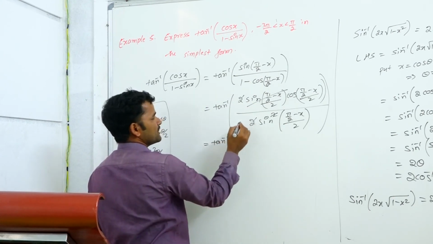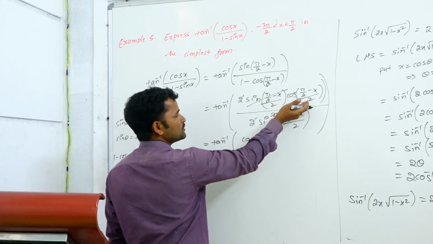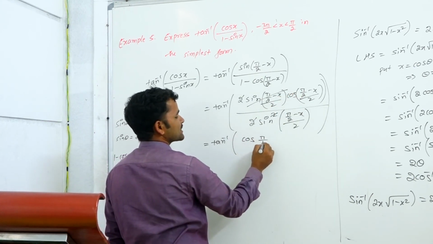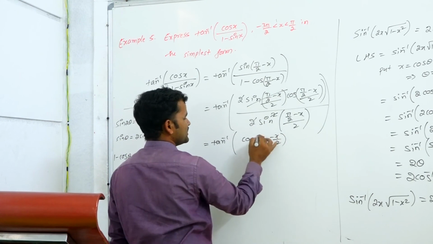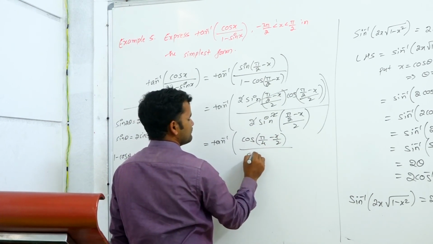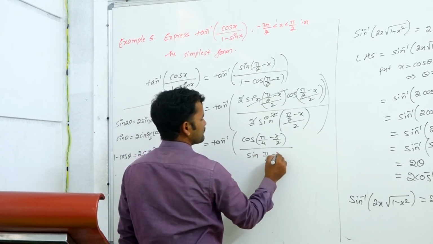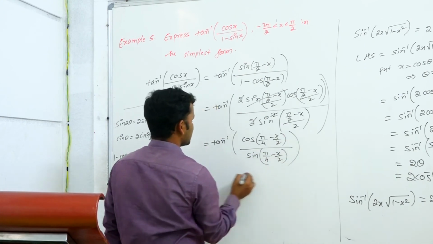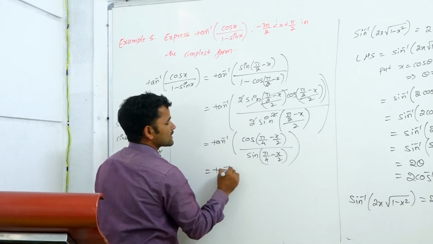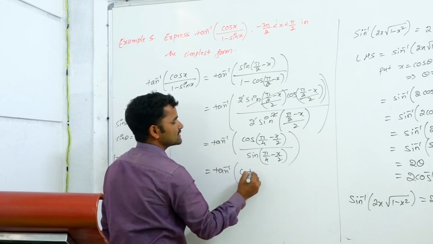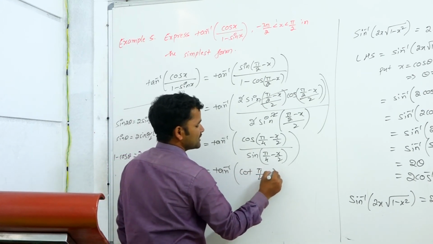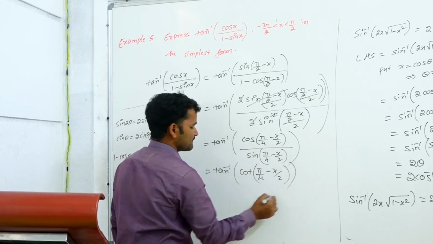Tan inverse of cos of pi by 4 minus x by 2 divided by sine of pi by 4 minus x by 2. This is cos by sine, nothing but cot of pi by 4 minus x by 2 here.